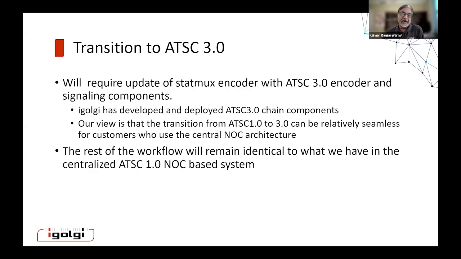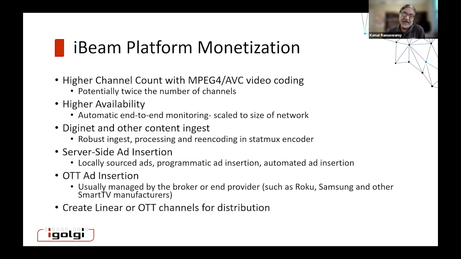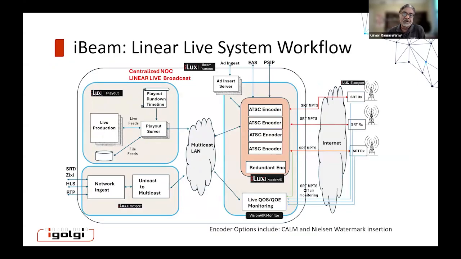EAS and PSIP will need to be reworked, but we have done that on behalf of several customers, and it's fairly quick as well. So the idea is that if you transition over to a centralized NOC-based workflow, like I showed in this diagram, shared services, originating content, redistributing content, having a way to monitor all your workflows and what's going on air, all of this gets done at a NOC.